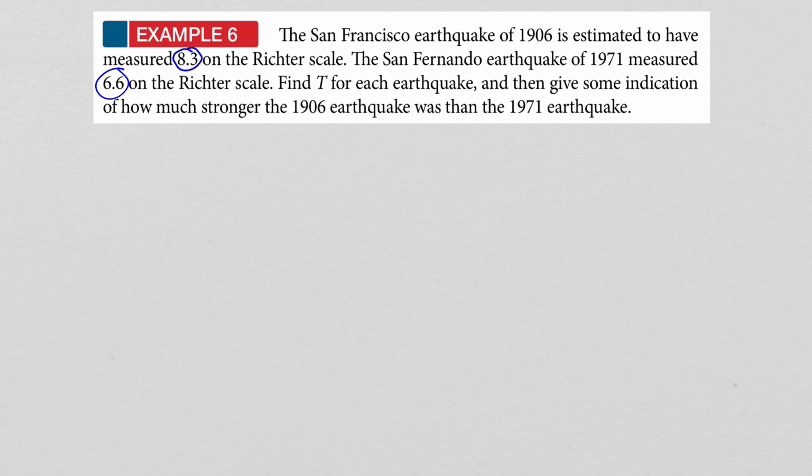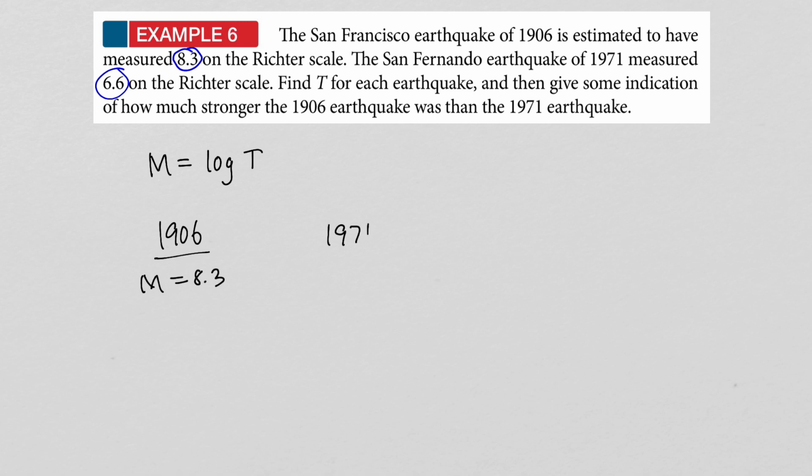So to do this, we use the following equation. And this equation says that the magnitude of an earthquake is equal to the logarithm of t, where t is the measure of how many times larger it is compared to the smallest measurable shock wave. So in this particular example, we have 2 earthquakes. We have the 1906 earthquake, which has a magnitude m equals 8.3.